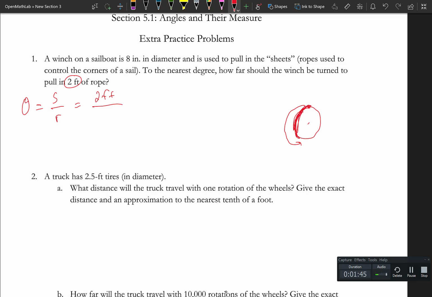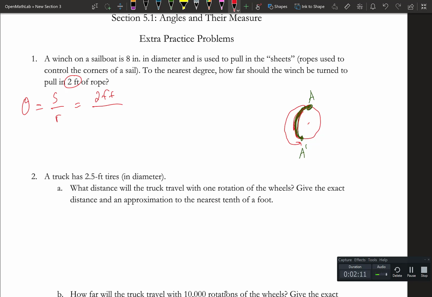Let me use a different color. If this is a starting point, and this is my ending point after turning the winch, then this s part would be the arc length, which would describe how much of the rope you pulled in. The distance going from A to A prime would be the arc length.